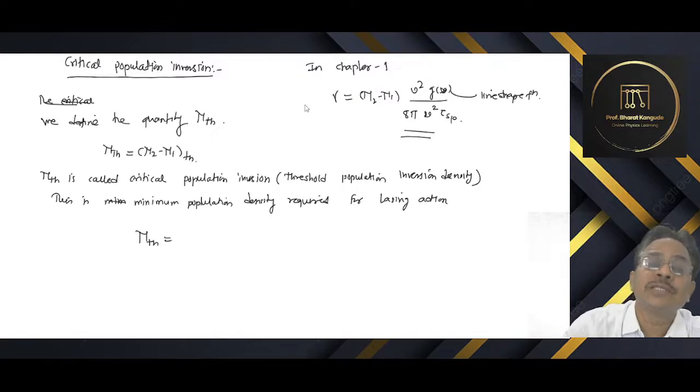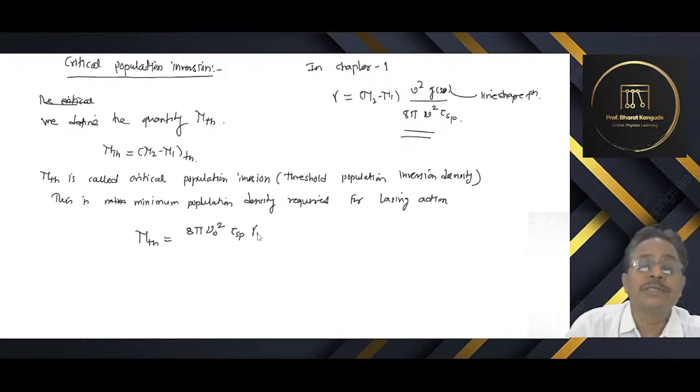So all these factors come to the left hand side, or we can change the sides, and the final expression obtained will look like this: 8 pi into nu 0 square, that is the minimum frequency required, tau sp, then gamma th that comes from the left hand side, divided by v square, and here this is delta nu.